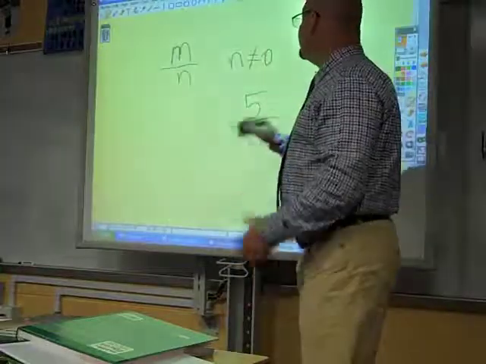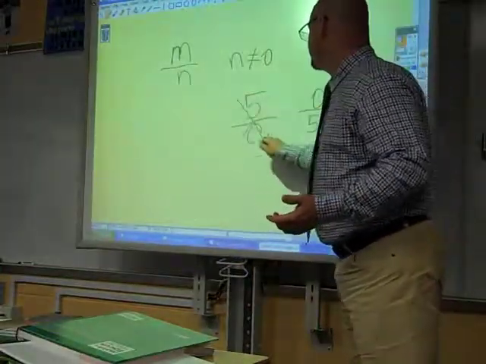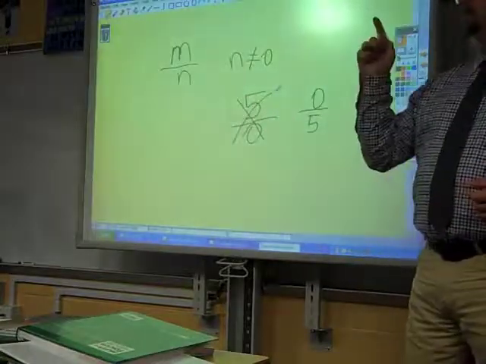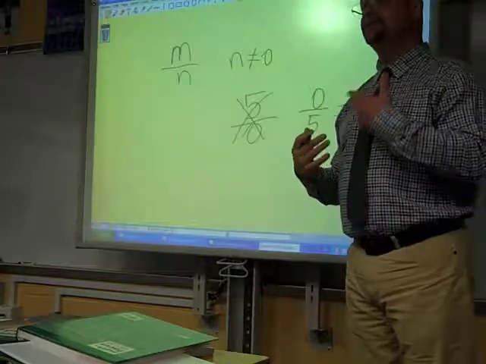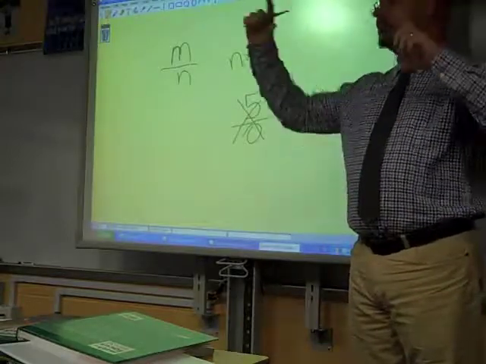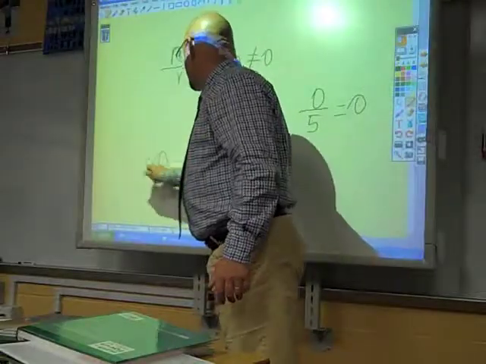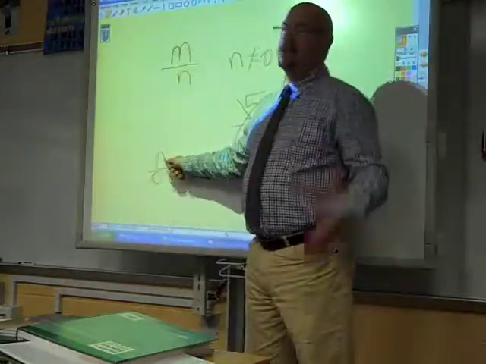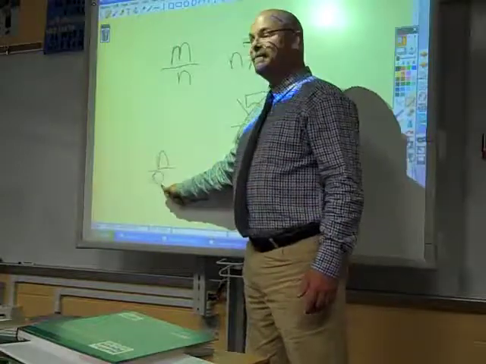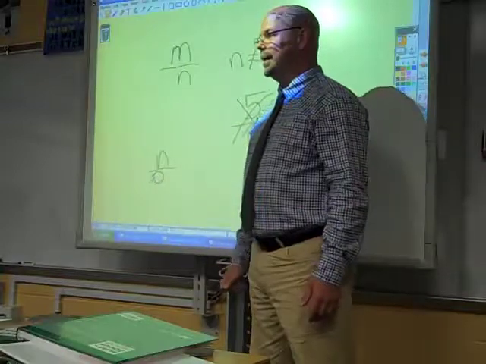Now there's a good way, and what's 0 divided by 5, by the way? 0. There's a real quick way that I use to remember what I'm allowed to do and what I'm not allowed to do. If this is a number on top of 0, n stands for any number, a number on top of 0, no, you can't do it.